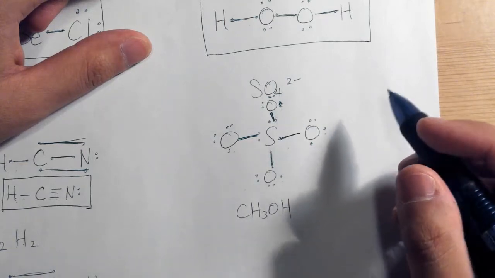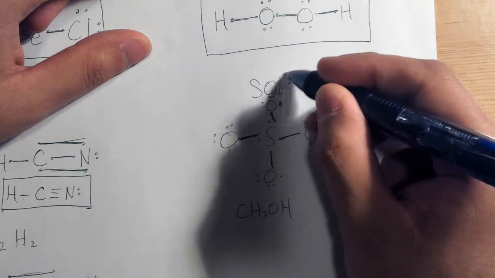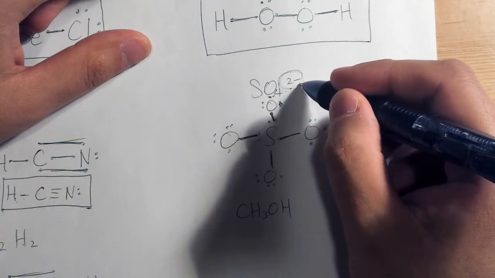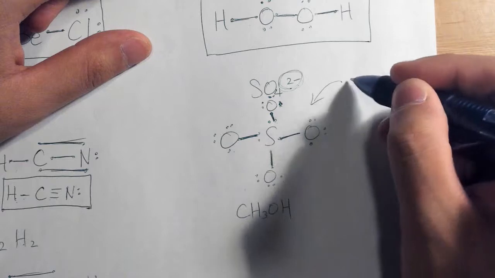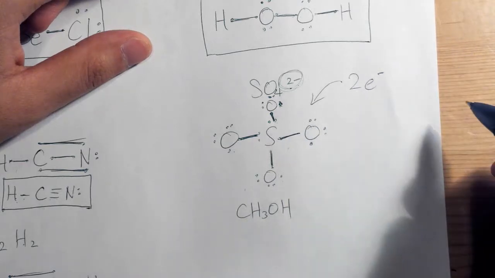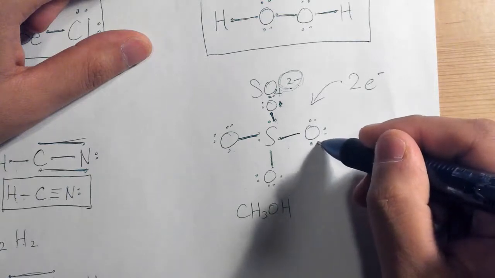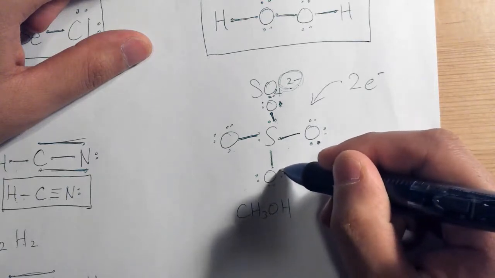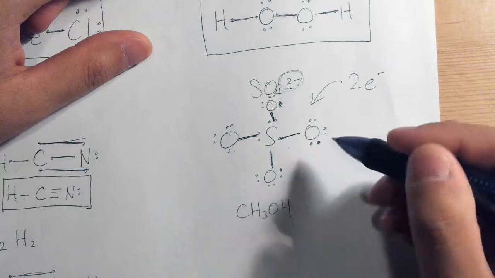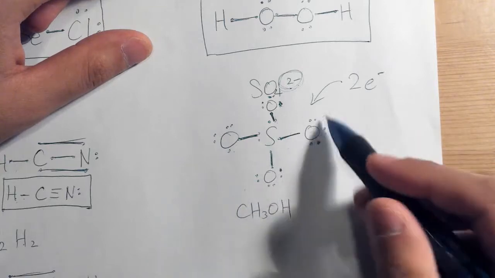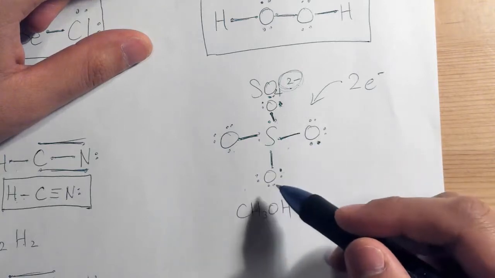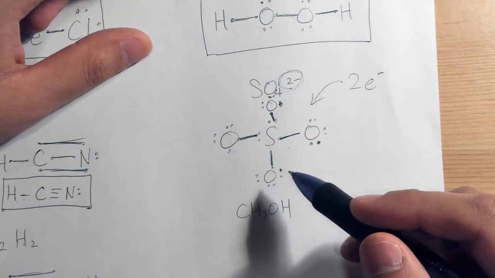In this case, there's a 2 minus charge. A 2 minus charge means you're adding 2 extra electrons, so we put them randomly here and then here. That means there's going to be 8 valence electrons overall here.